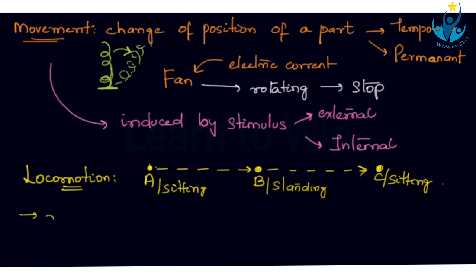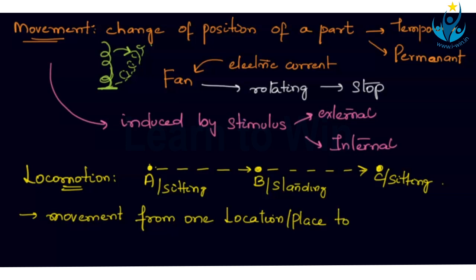So locomotion is movement from one location or place to another. This movement from A to B, B to C, he's doing voluntarily. This is called locomotion.